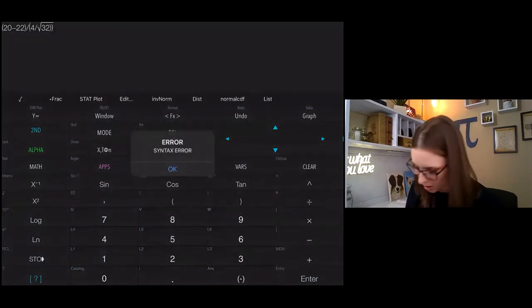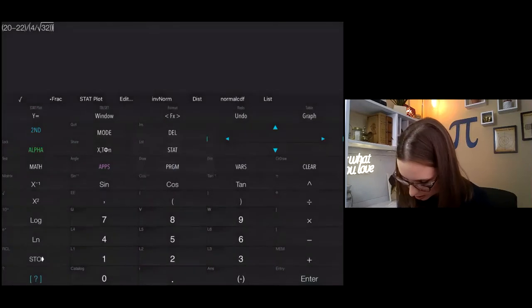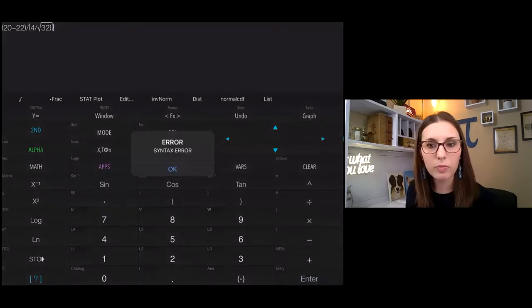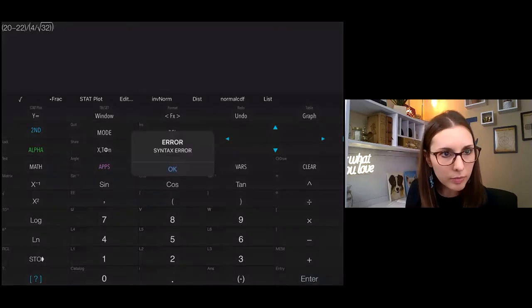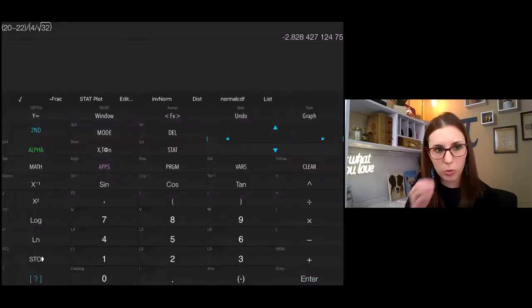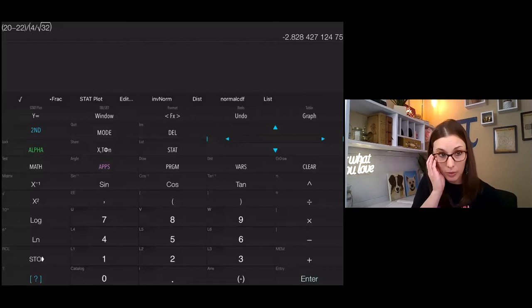Uh-oh, it's mad at me. Oh, I see. My other parentheses is inside the square root, and it doesn't like that. So let's see if I can fix that. Still an error? Hold on. Okay, I had an issue with my parentheses. When I typed in the square root, I put a parentheses inside the square root, so that was the problem.